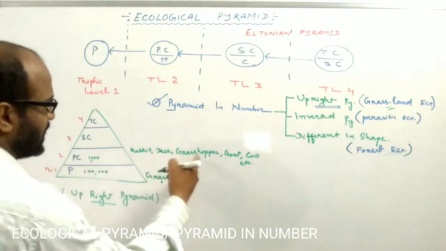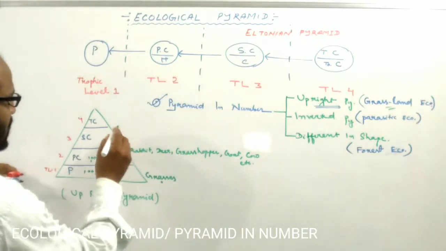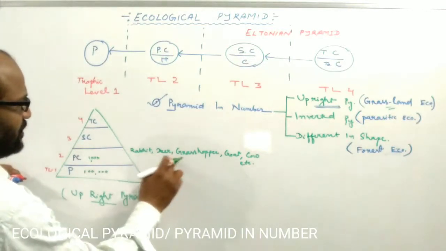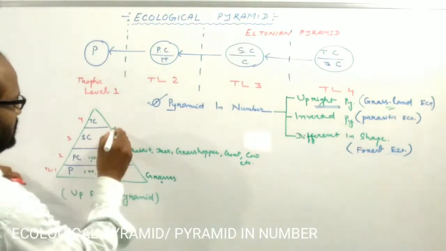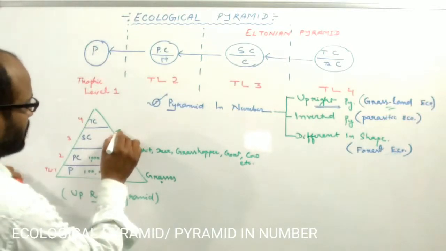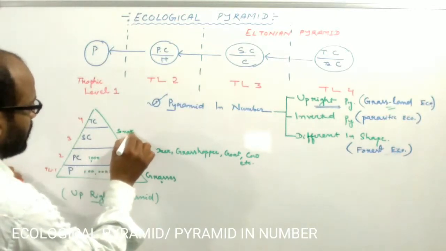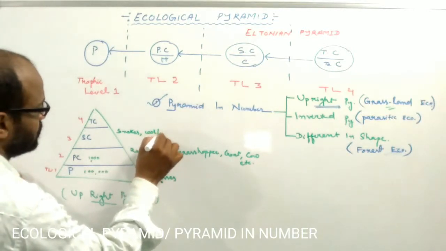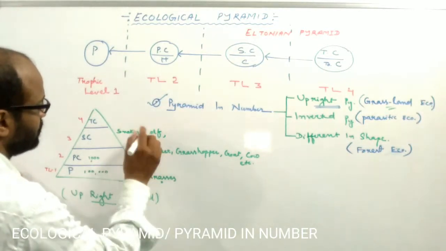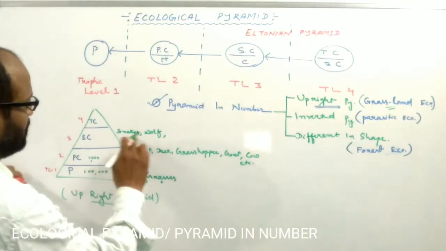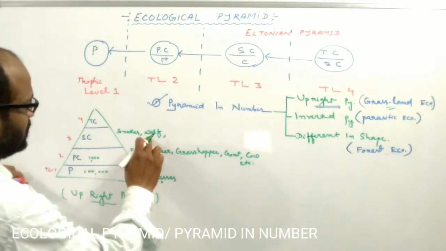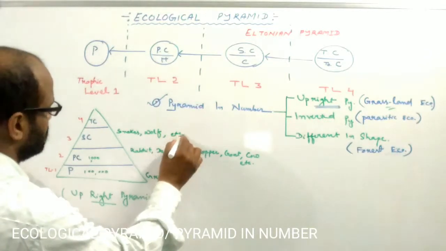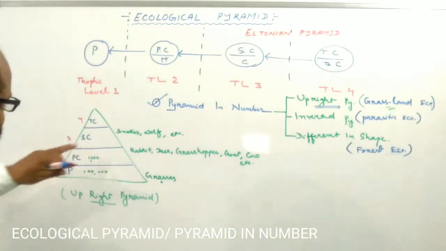Such rabbits, deers and grasshoppers become the food of the snakes, wolves, and other secondary consumers.